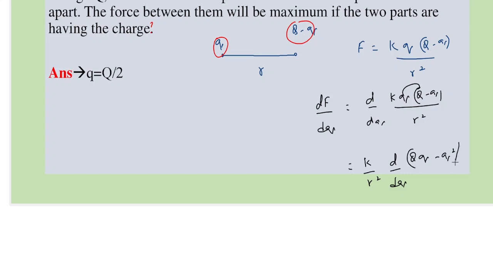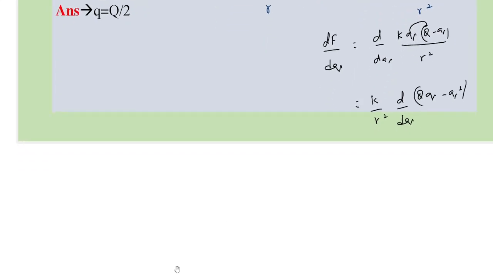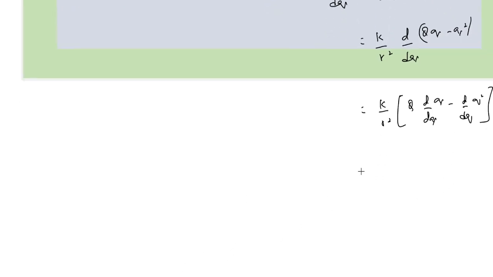Again we use the product rule. We can break it in two parts. It is K by r square times, capital Q is constant because Q is fixed, so it will be capital Q into d by dq of small q minus d by dq of q square, that is equal to K by r square times Q minus 2q.